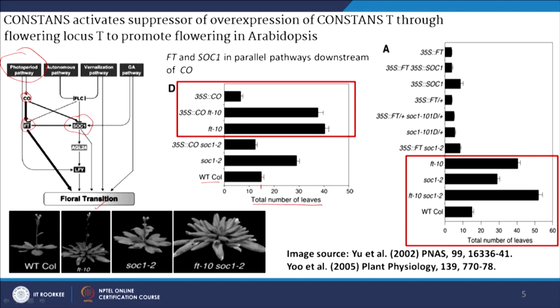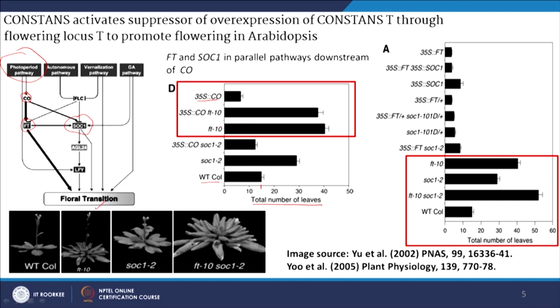But these FT mutants make almost 40 leaves before the transition, which means that there is a huge delay in flowering. But if you overexpress CONSTANS, if you increase the amount of CONSTANS, you can see that there is early flowering. Even fewer than 10 leaves are made, and the plant has already undergone flowering.